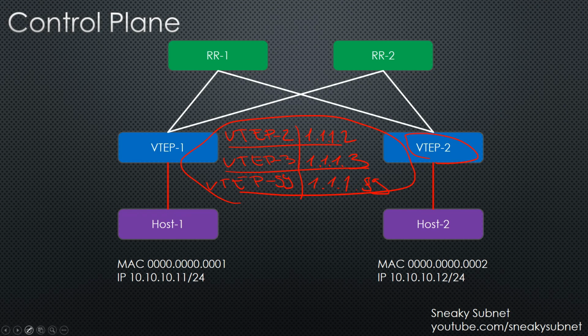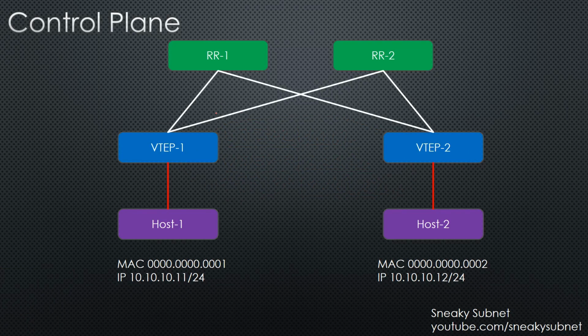So instead of leveraging multicast, VTEP number 1 will just create 99 replicas of that ARP request. Or in our case, it will actually make just a single one, because we have only 2 VTEPs.